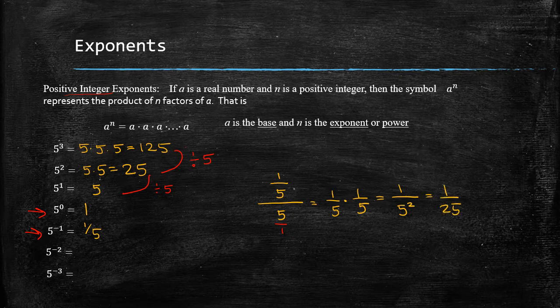So 5 to the negative second power is equivalent to 1 over 5 squared, or 1/25. Okay, again, following that same pattern, 5 to the negative third power is going to be 1 over 5 cubed, or 1 over 125.